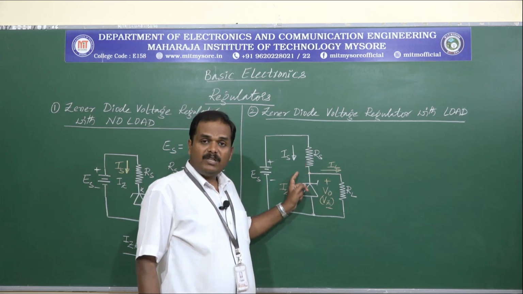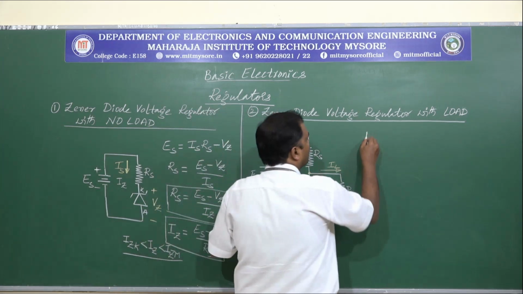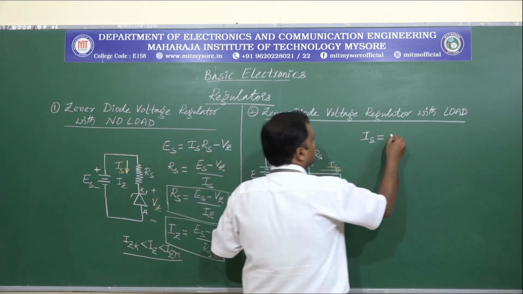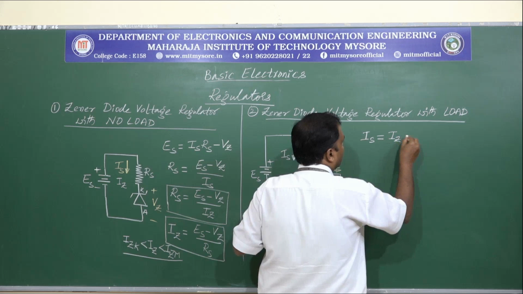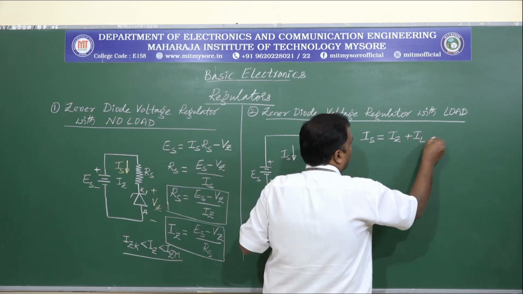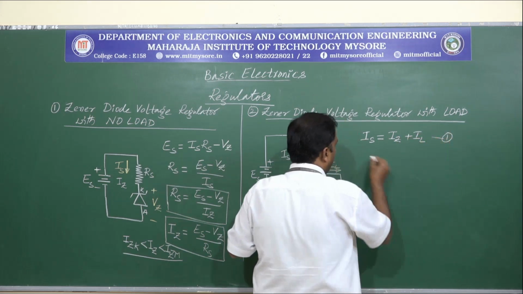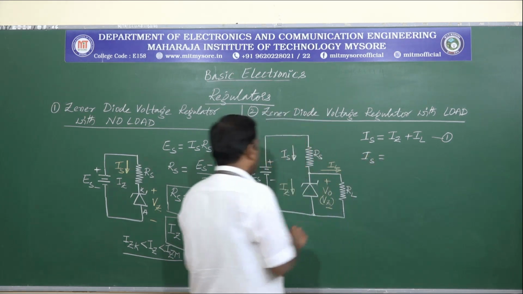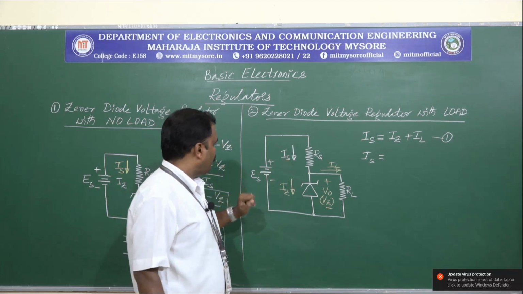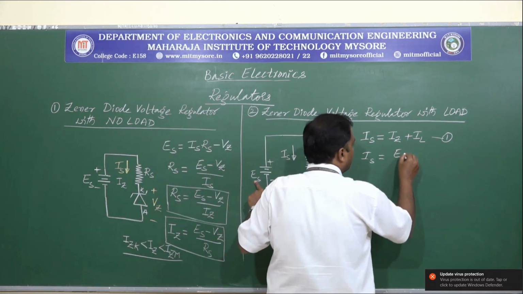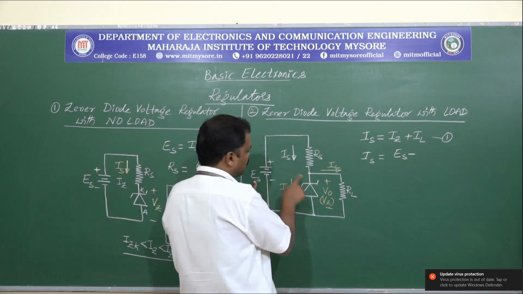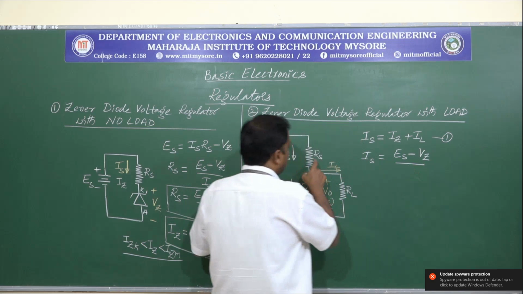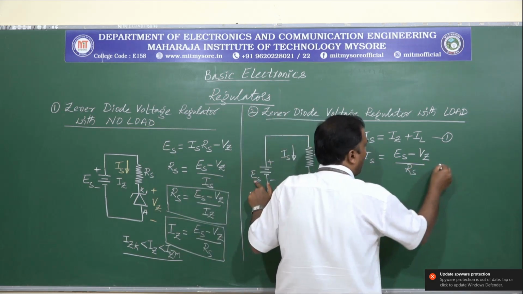So from the circuit we can write IS is equal to IZ plus IL. Let us call this equation 1, and IS can also be written using KVL as ES minus VZ divided by the series resistance RS.